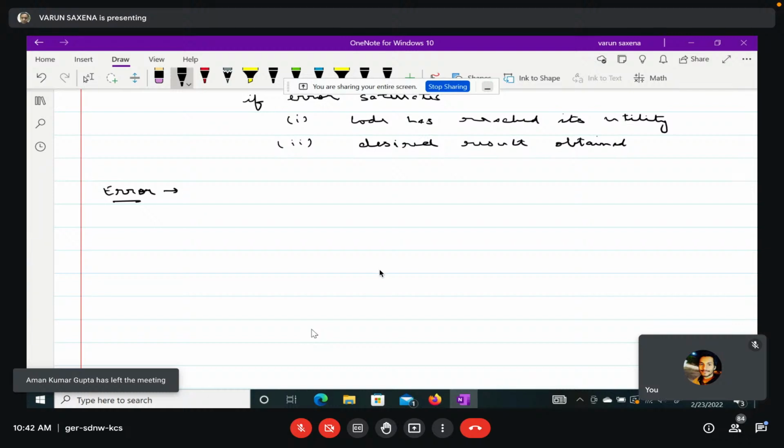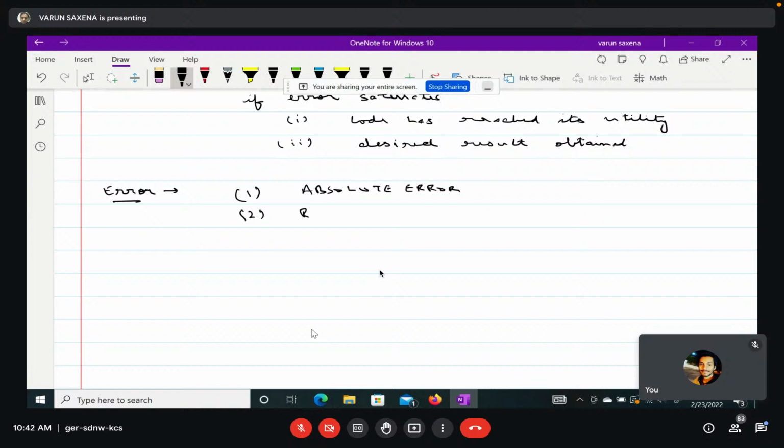Okay. So what are these errors? I mean, how do we calculate them? There are two errors that we are normally interested in. You've already heard these terms. One is called absolute error, and the second is called relative error.